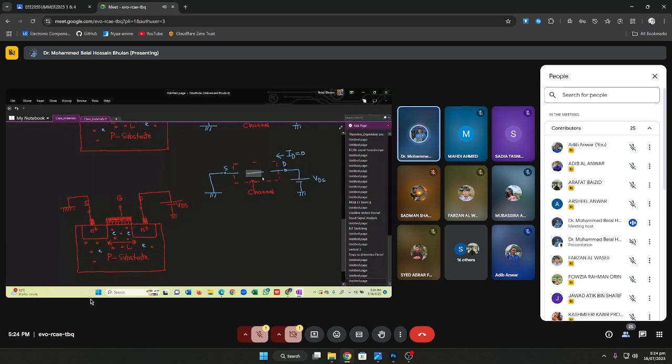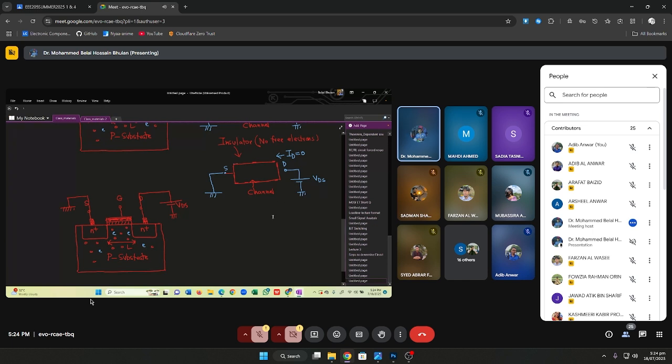As if the channel region is a piece of insulator. Since it is an insulator, there are no free electrons.